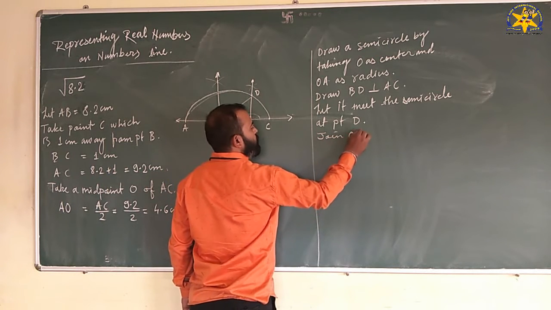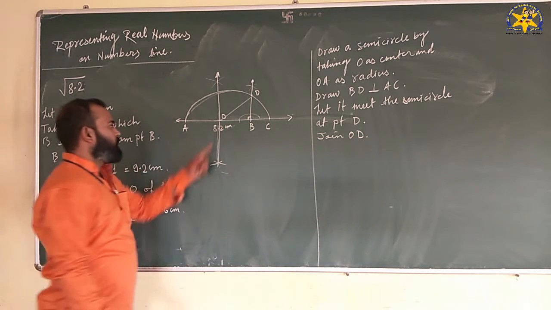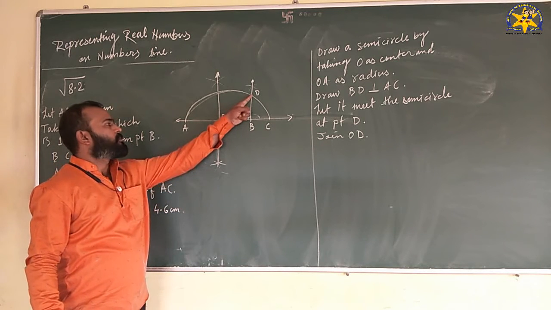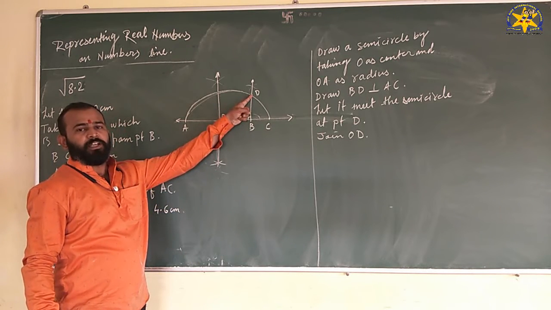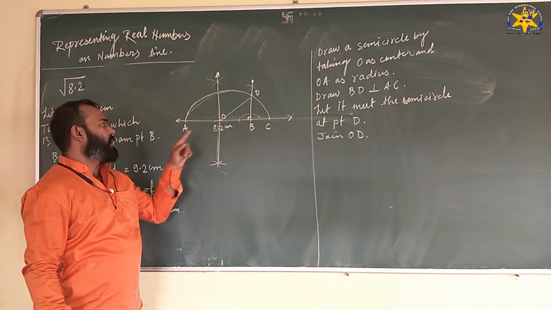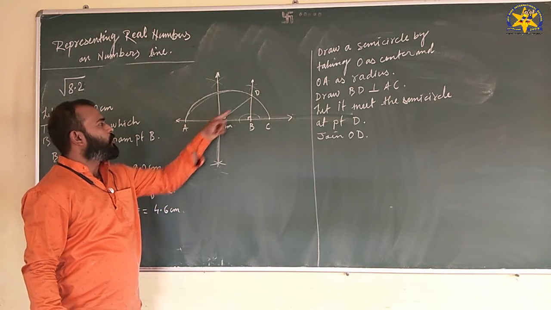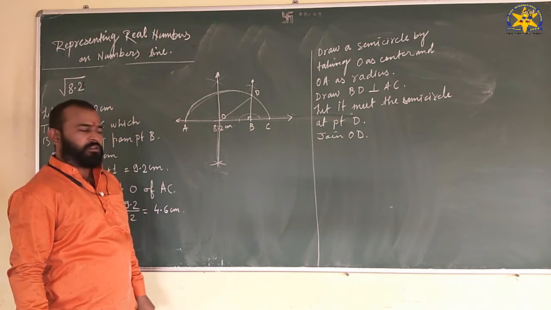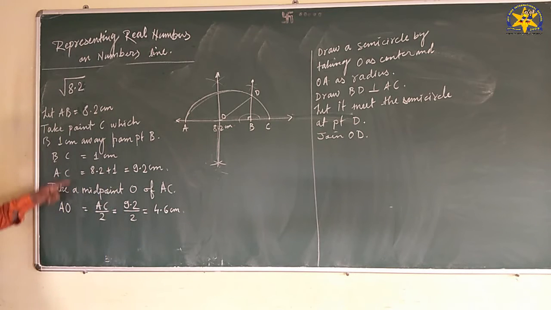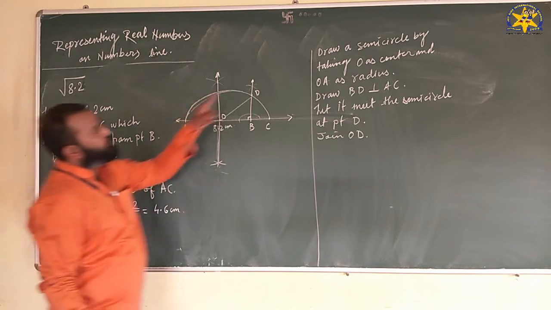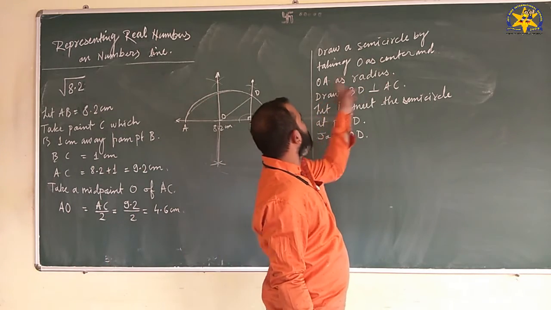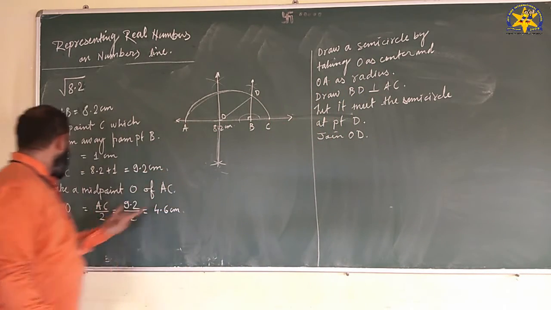Join OD. Now tell me what will be OD? How many centimeters will it be? Or a hint I would like to give you. OD is the radius of the semicircle, and what radius have we taken? We have written that somewhere: draw a semicircle with O as center and AO as radius, and we found AO.